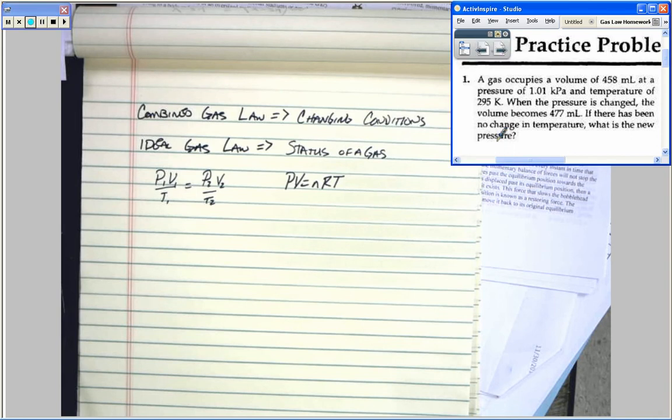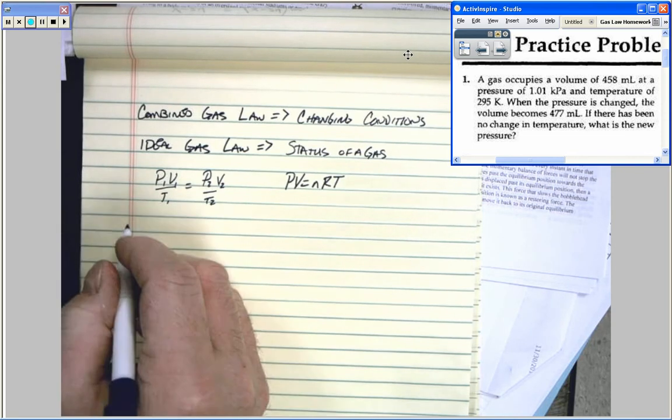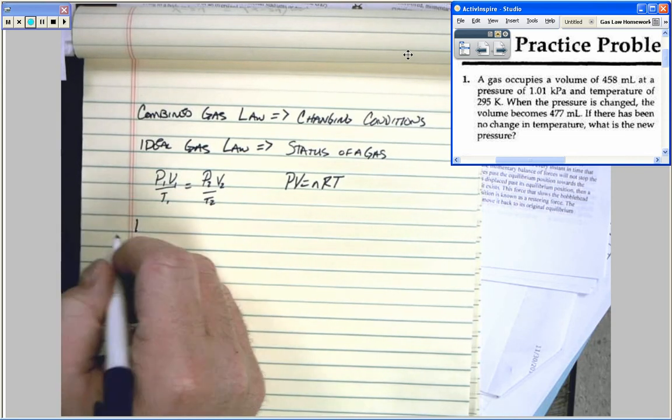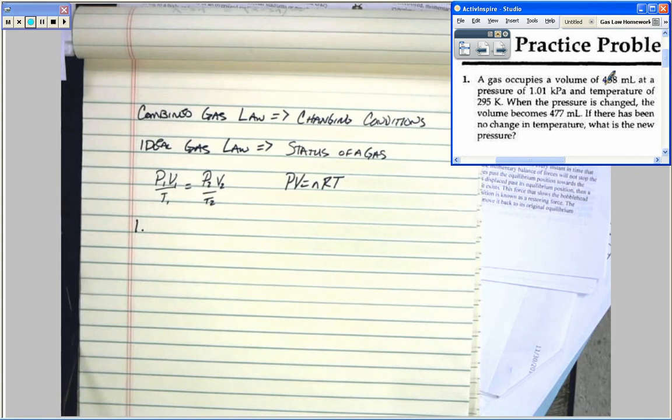a change in condition. So what we're going to do is look at these guys over here. We're going to go through and label all of the things that we know from this problem. So for number 1, what things do we know? We've got a volume of 458 at a pressure of 101 and a temperature of 295.